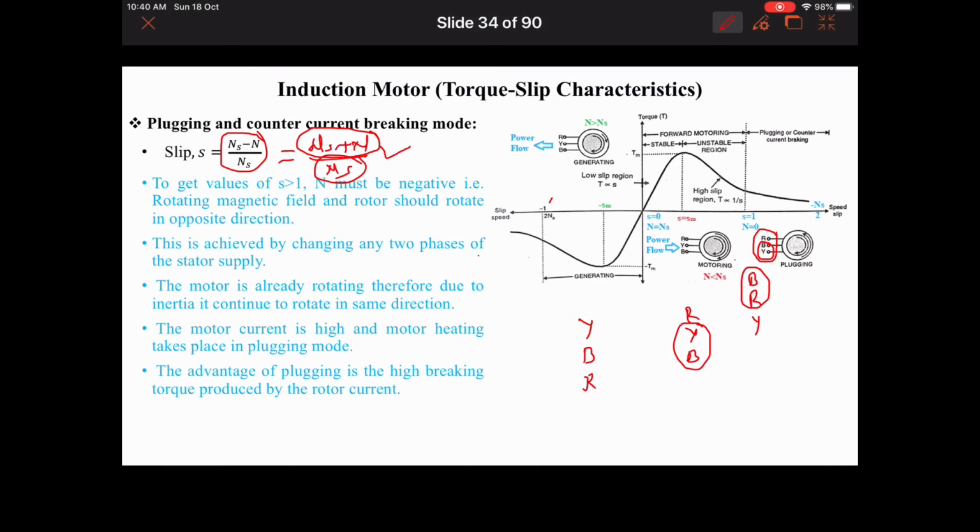So in this we have changed the outer phases. So by changing any two phases, we can get the reverse rotating direction of the motor. Therefore, due to inertia, it continues to rotate in the same direction. The motor current is high and motor heating takes place in the plugging mode. The advantage of plugging is that a high braking torque is produced by the rotor current.